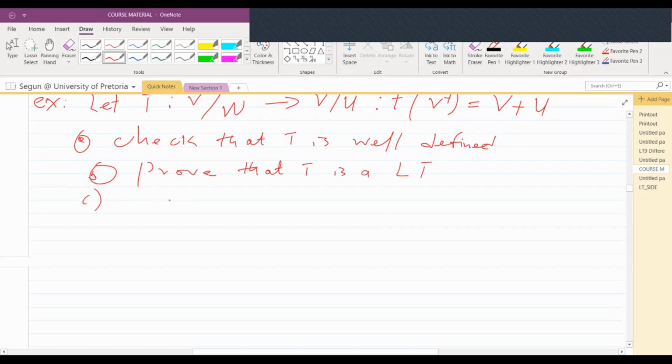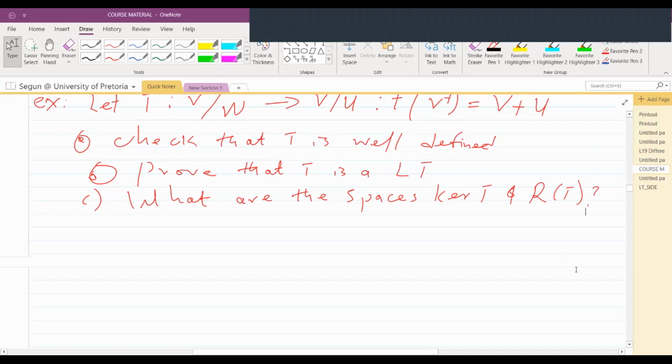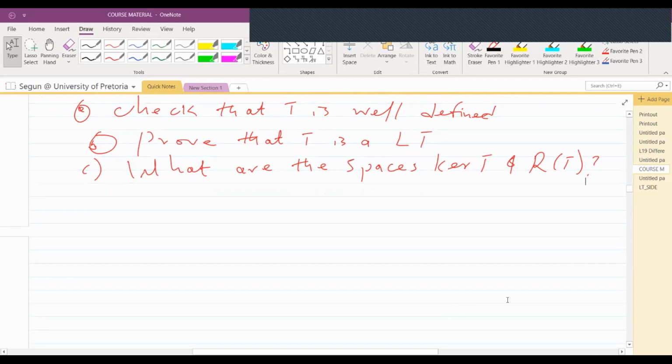Then C, what are the spaces, the kernel of T and the range of T in question? So these are very simple things that we can lay our hands on. For us to establish that T is well defined, it is very simple.